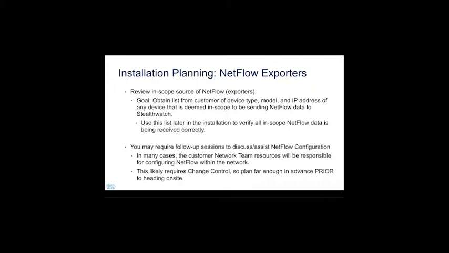Otherwise, you're going to get through your configuration of your appliances and have nothing to do because there'll be no data. Again, this is all about that planning and the fact that even though we're not in the path and we're not creating any invasive issues, we're not deploying a security measure that's going to prevent connectivity on the network, there are configuration changes that may be required in the network. And again, configuration change says change control.